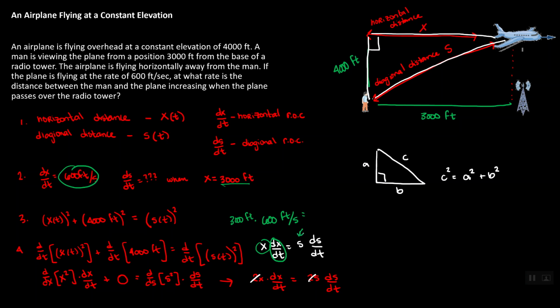We're not given the diagonal distance, but in the case where x, our horizontal distance, is 3,000 and our vertical distance is 4,000, we can solve that triangle to find the diagonal distance s, which would be 5,000 feet. So we're going to plug in for s, 5,000 feet, and that's multiplied by ds/dt, the value that we want to solve this equation for.